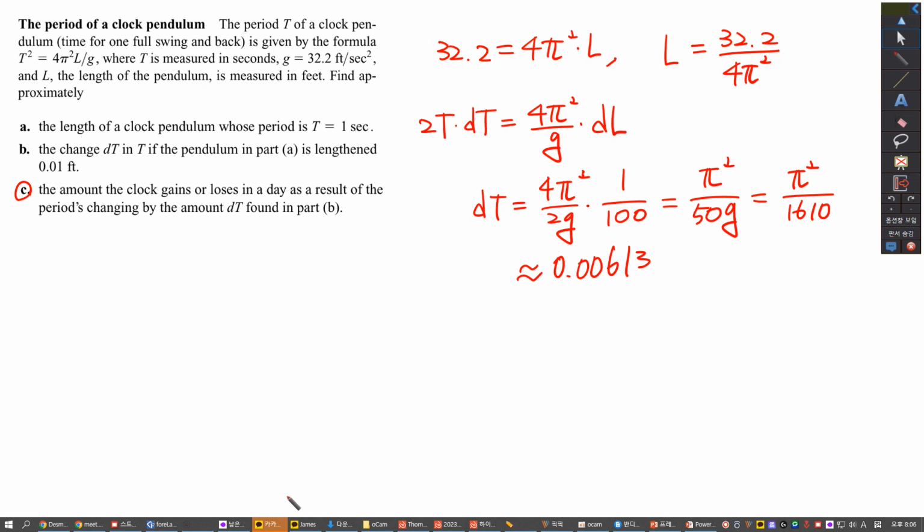If it slows down, that means, let's say after 24 hours, let's lengthen the pendulum clock at 2 p.m., for example, and after one day, the next day 2 p.m., does the clock indicate 210 or 150 if it slows down?